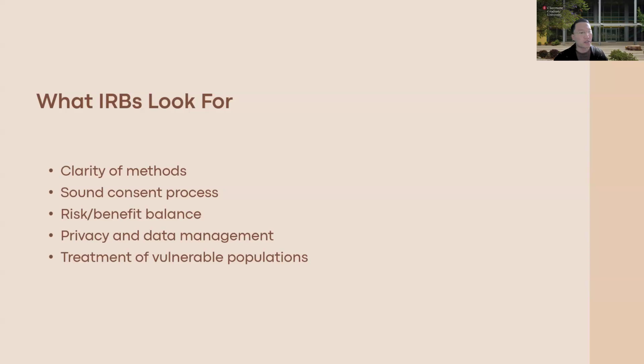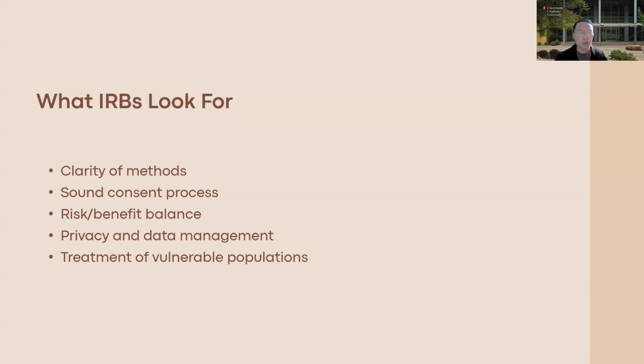If your research involves vulnerable populations, the IRB will also look for treatment of those vulnerable populations. That is the last element here. If you can show that you've anticipated these five elements in your application, then it will stand out to the IRB office as being well prepared, and that may help with getting a faster approval.